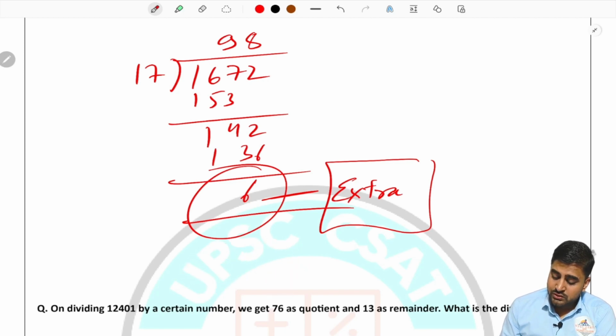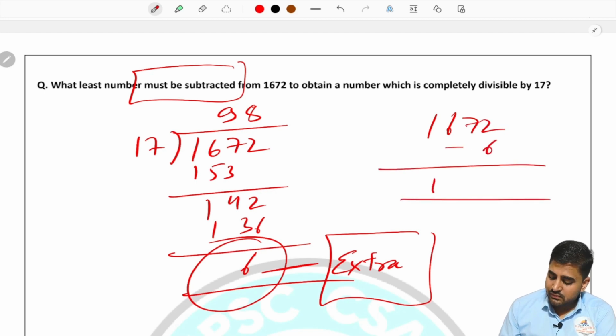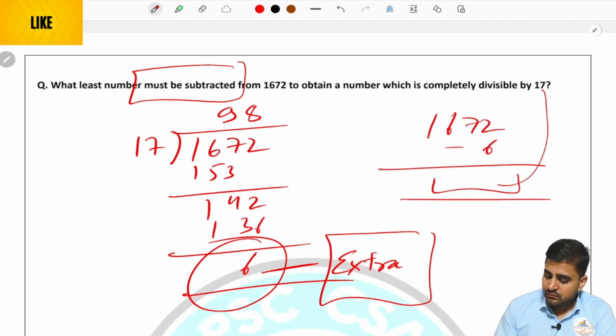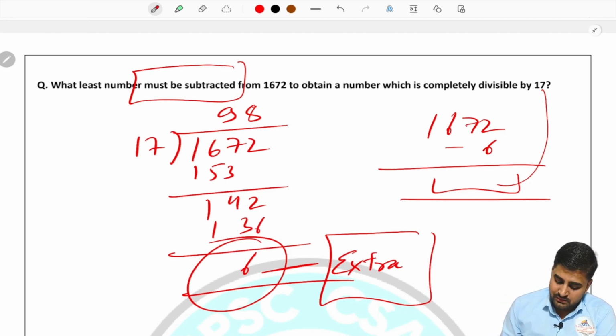But in this question, it asks what must be subtracted. 6 is the only extra thing, so if you remove 6 from 1672, then the number becomes completely divisible by 17. So this is the answer. What least number must be subtracted? That is 6. This is the extra one.